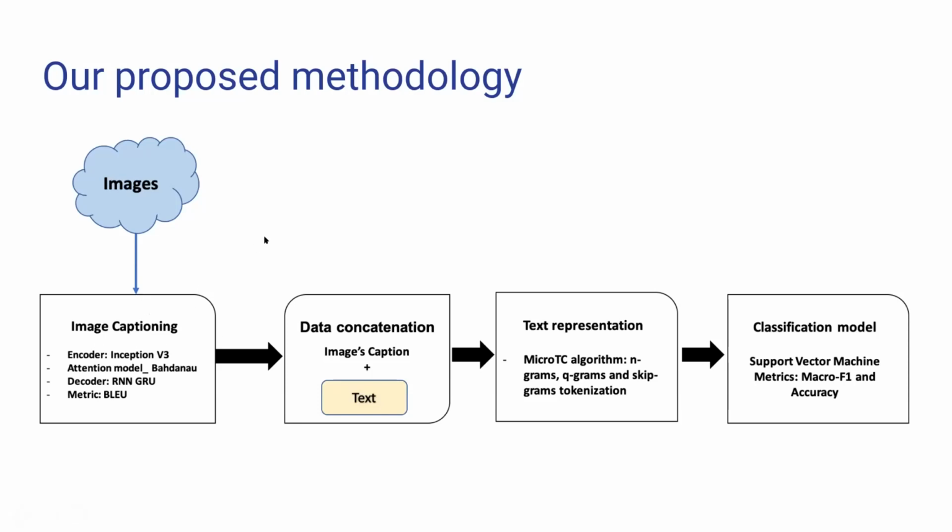And once we obtain the text description of all the images, we make a fusion step by concatenating the caption of the image and the text that was provided with the data, and then we obtain a vector representation of the text by using a method that is very similar to the bag of words scheme, which is very well known in the natural language processing field.